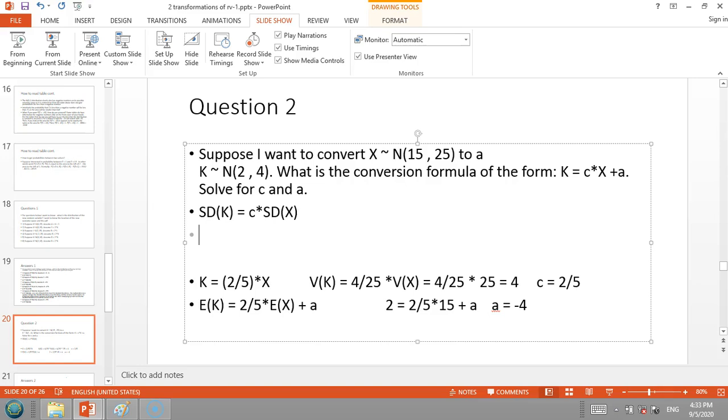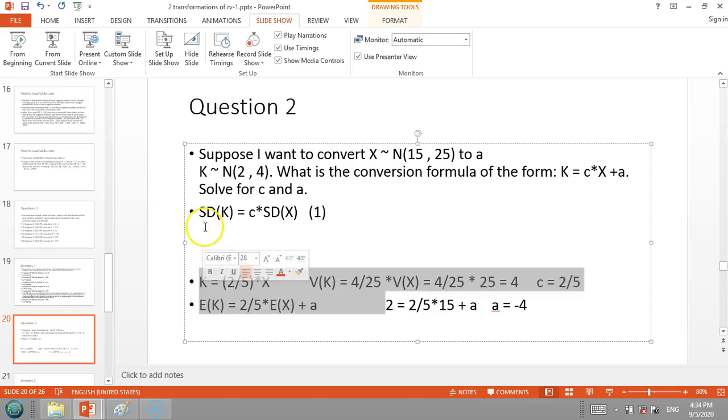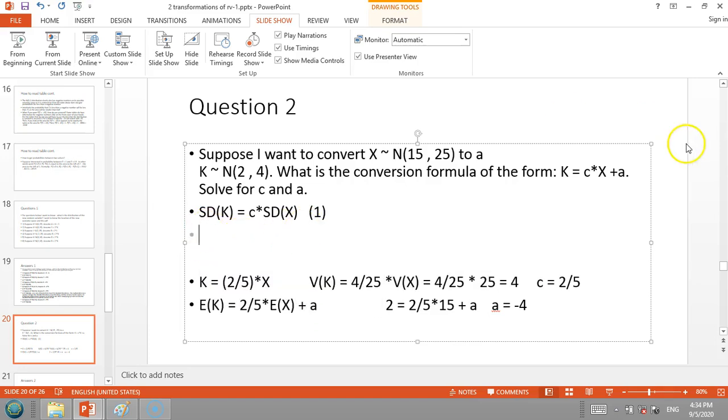This is equation 1. The whole goal is to figure out the c and the a in this formula, and this is your conversion formula. And then equation 2 is this one with the expected values.